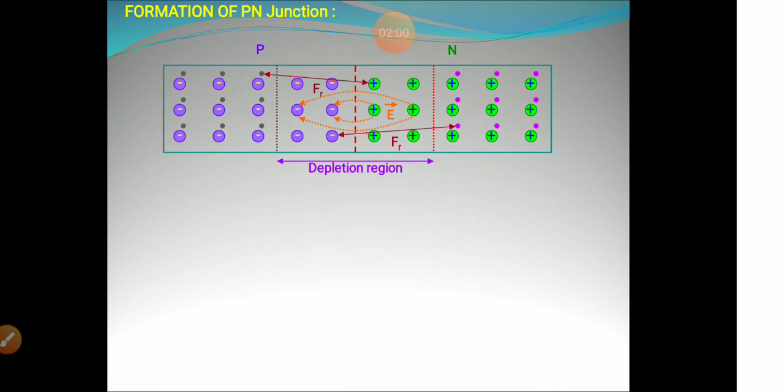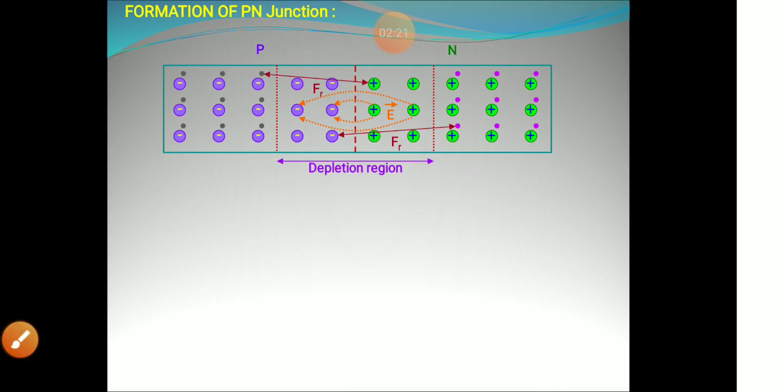As a result, a layer of immobile positive and negative ions is formed across this PN junction. So this layer is called depletion layer, and in depletion layer there are no free charge carriers.